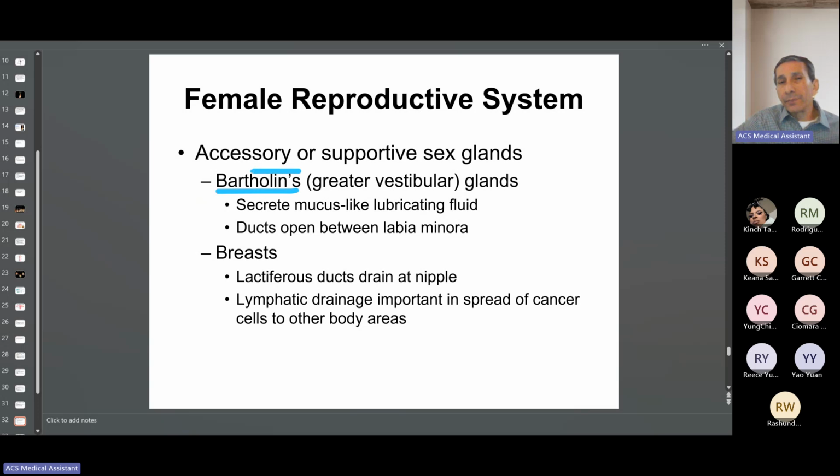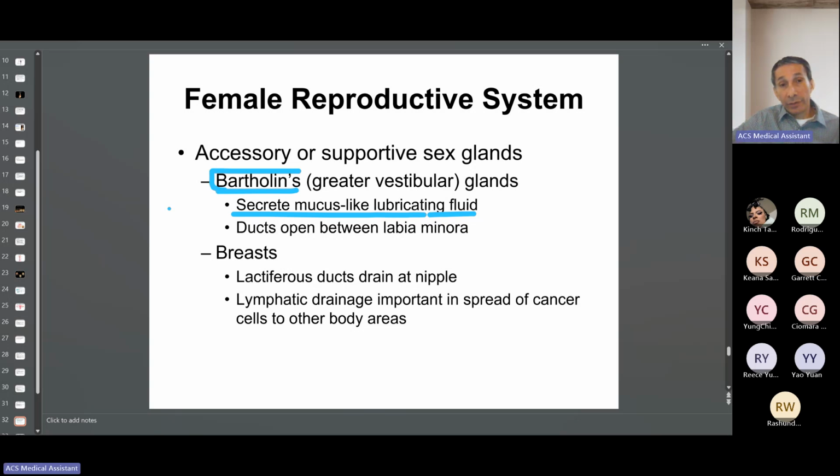These are glands located close to the labia minora, the one inside that connects with the vagina. The major part is that they secrete a lubricant, this mucus-like substance. Without this mucus, your vulva, the lips, would be dry and would bleed, like when our lips become dry.